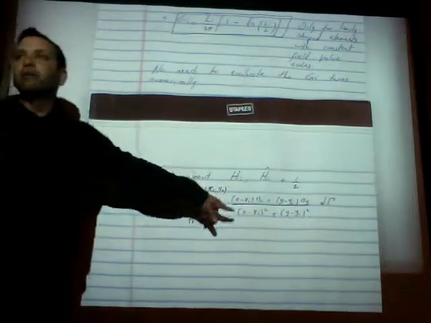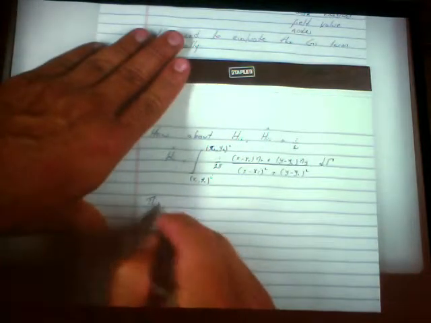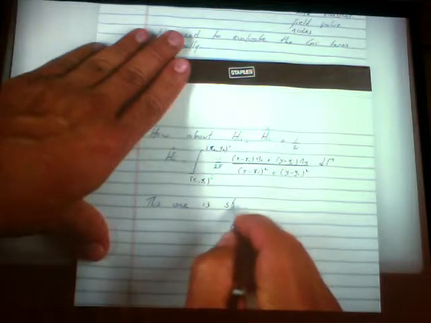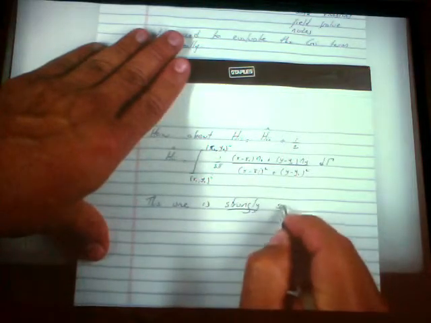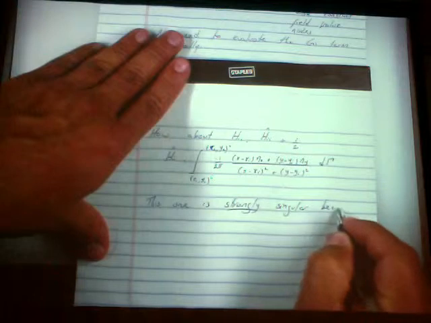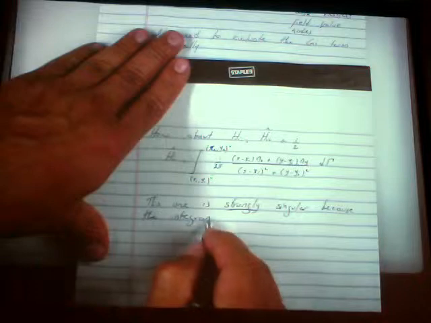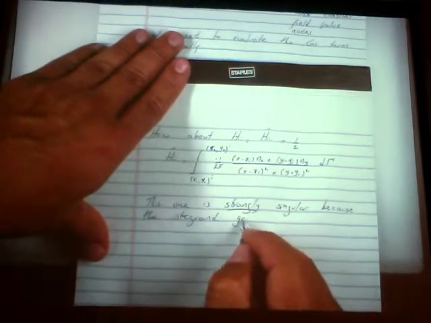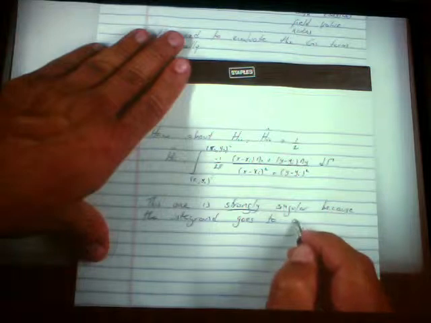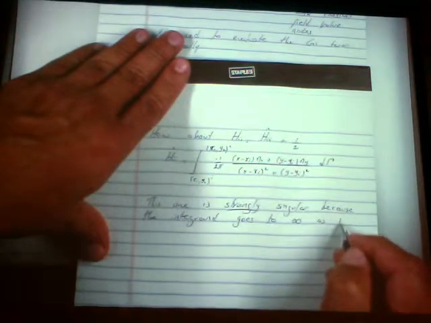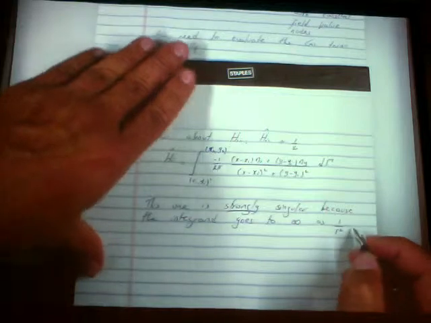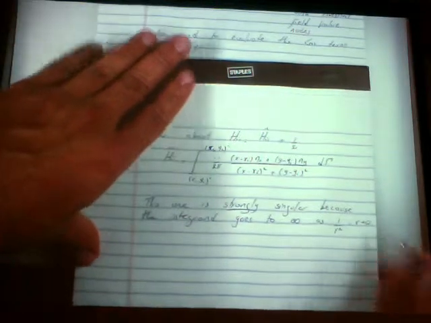Now we're looking at a strong singularity because we're dividing by r squared, and r goes to 0 at the center of the element. This one is strongly singular because the integrand goes to infinity as 1 over r squared, such that r goes to 0.